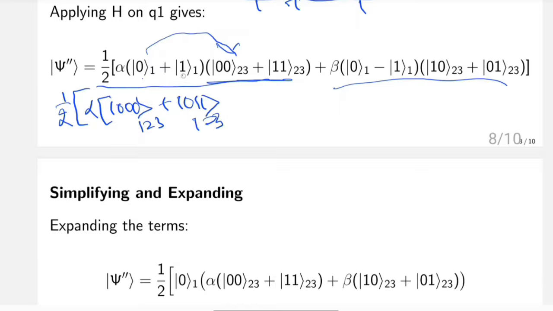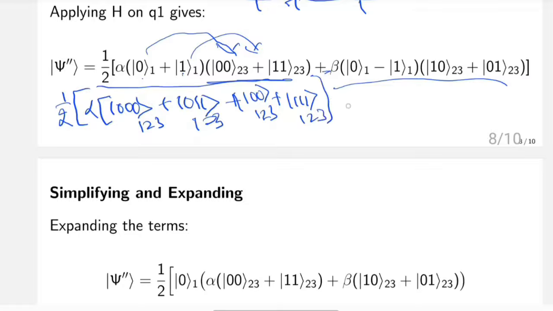Same way, now ket1 with this whole term, so I will be getting ket1 0 0 1 2 3 plus ket1 1 1, so I will end up getting ket1 1 1 1 2 3.